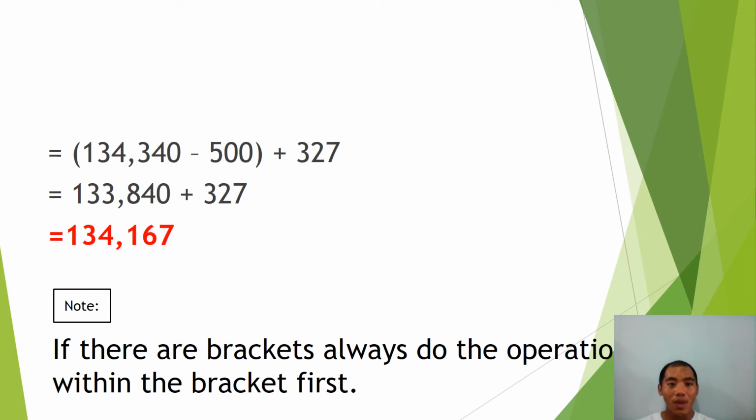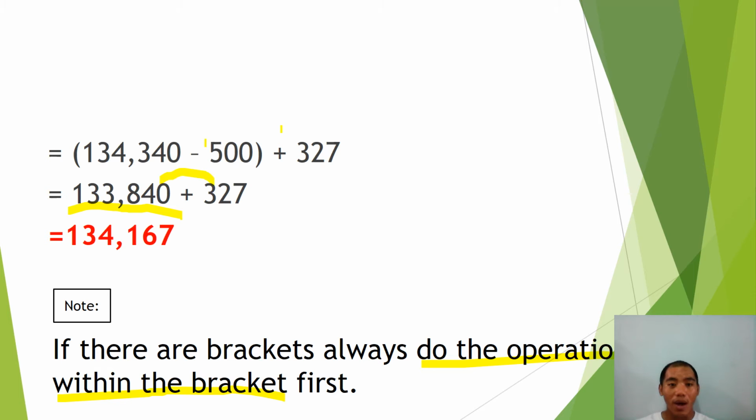Another example, we have here 134,340 minus 500 plus 327. So we have subtraction and addition. First we're going to do the operation within the bracket, which is 134,340 minus 500, wherein the answer is 133,840.